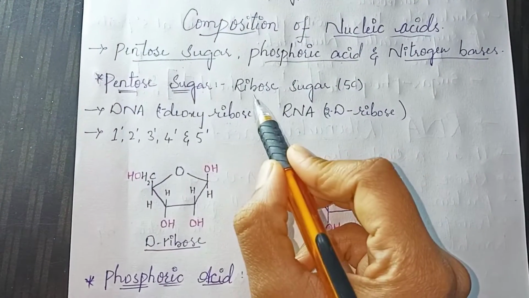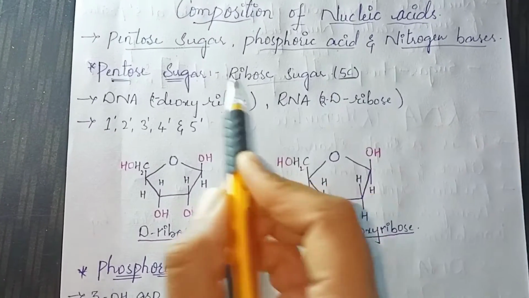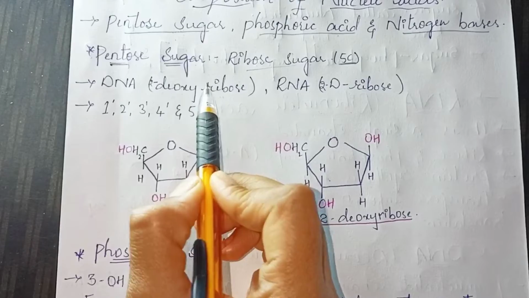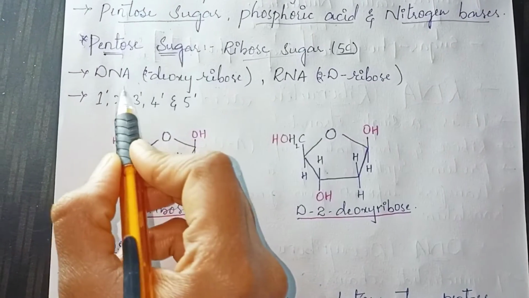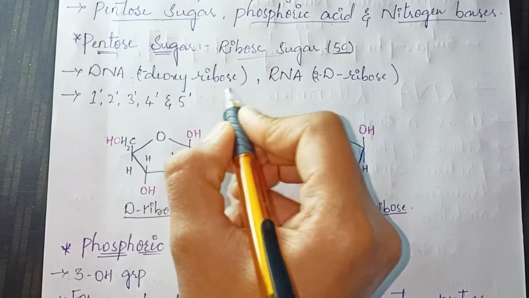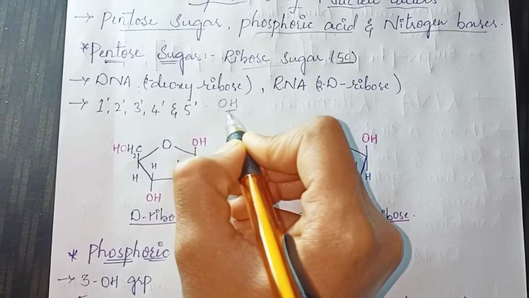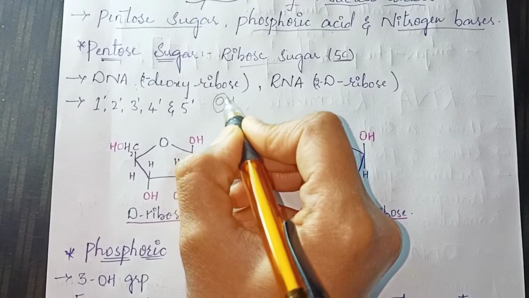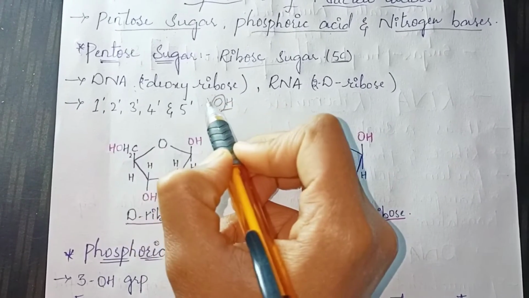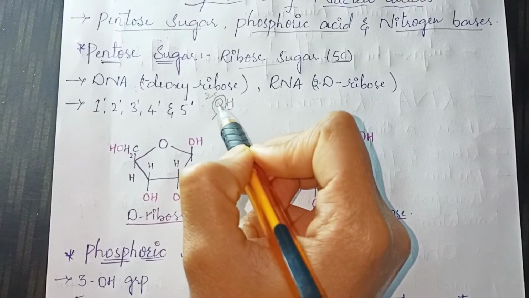In the composition we have pentose sugar. Pentose sugar is nothing but ribose sugar, which consists of 5 carbon atoms. This pentose sugar differs in DNA and RNA. In DNA the oxygen is absent from the OH group at the 2 position, that's why we call it deoxyribose, meaning absence of oxygen.